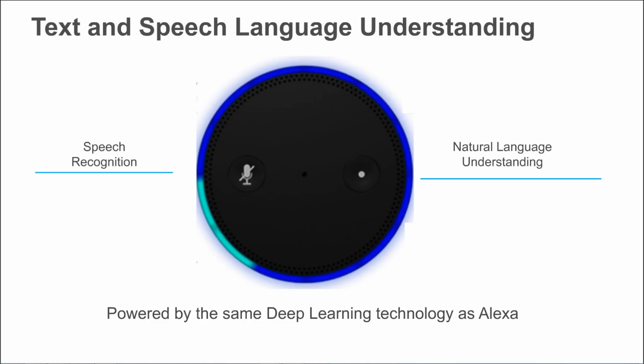So let's talk about each of these in depth. So like I was saying, speech recognition and natural language understanding are the two technologies that we use, and they're the same ones that are being used with Alexa. Speech recognition takes an audio file and converts that into text. And one thing that we do at Lex is we use the model that you build to inform the speech recognition technology.